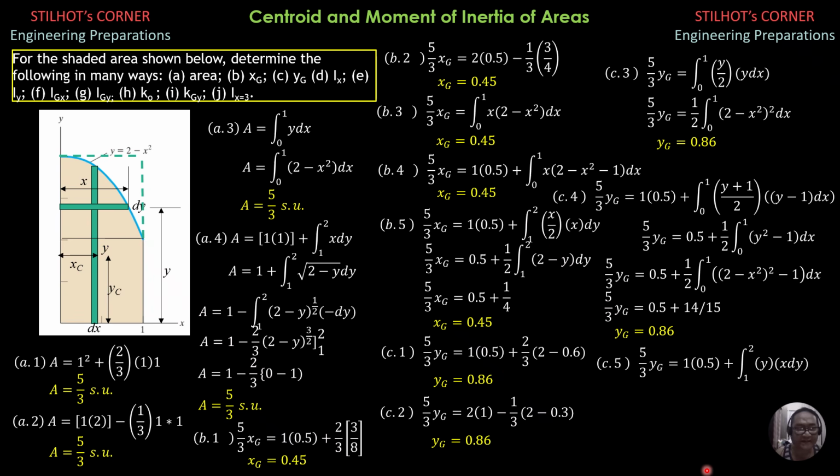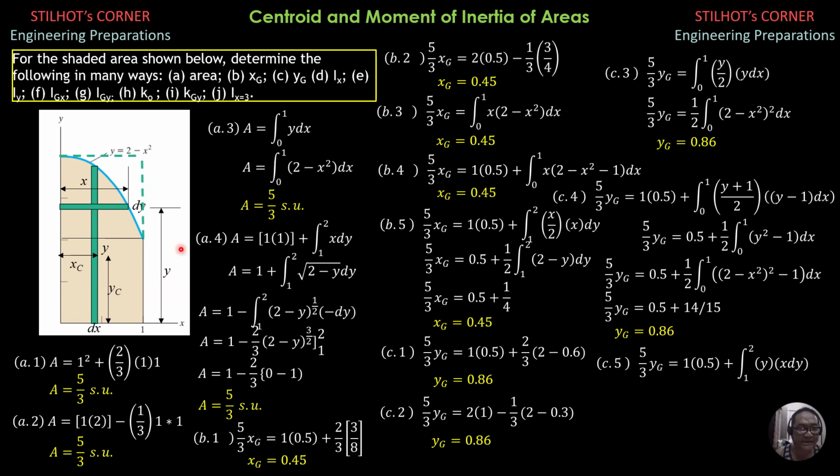So y, then the differential area is x dy. This time the variable of integration is y. So it begins with the top of the square because we already considered the square up to this top. So limits will be from 1 to 2.